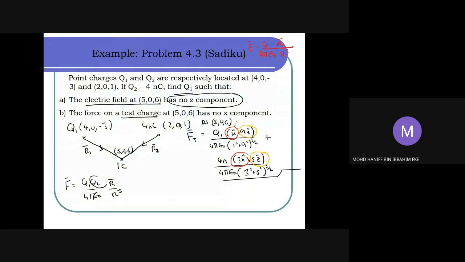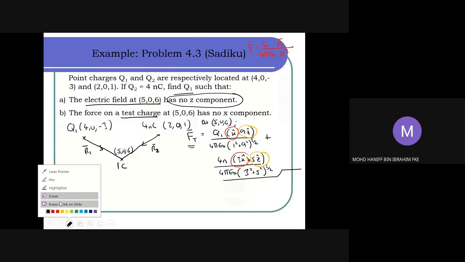If we substitute this 1 coulomb into Q2, there should be no changes on the equation here, because 1 coulomb does not give any significant changes. So we just change the equation from electric field to the force. In this particular case, it's mentioned that this time, the force at 506 has no x component.